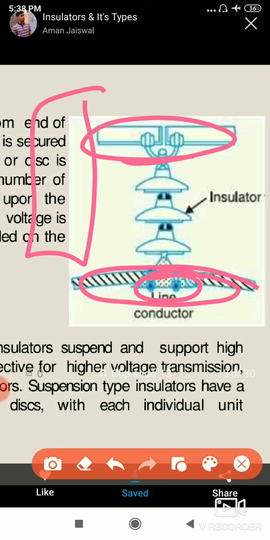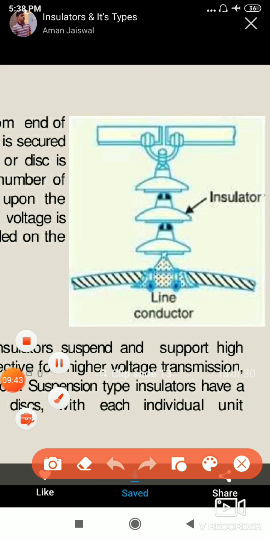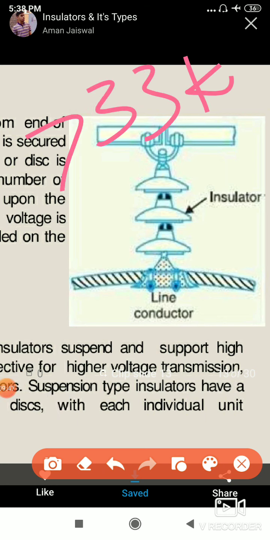This is how suspension type insulators are designed. On what voltages can this type of insulator be used? Those greater than 33 kV, that is 66 kV, 132 kV. These are the transmission systems where we use suspension type insulators.